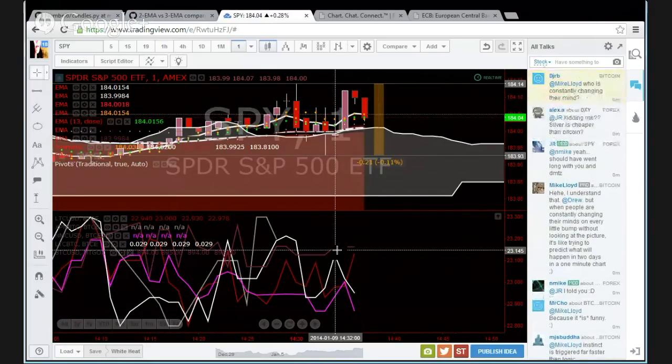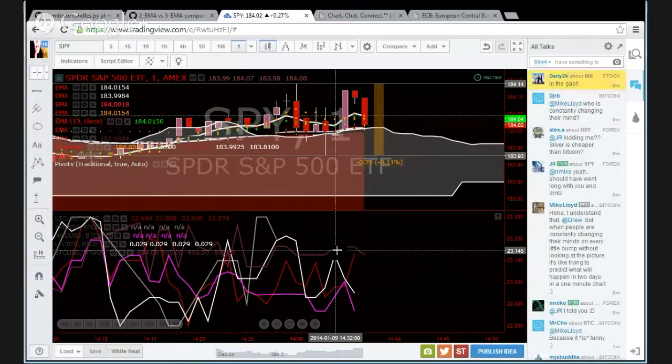So the 184.14 high looks like it was rejected. And now we're testing the top of the cloud. And it looks like Litecoin just made its move.